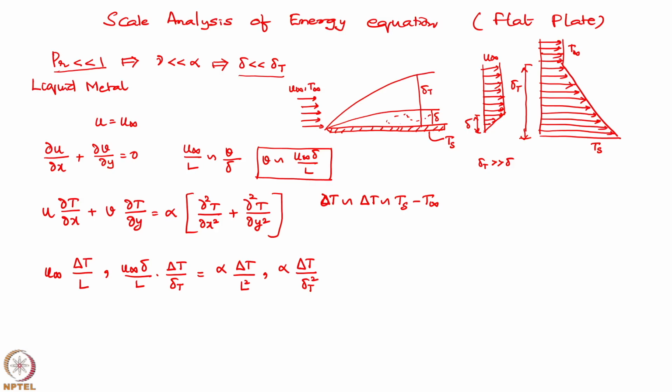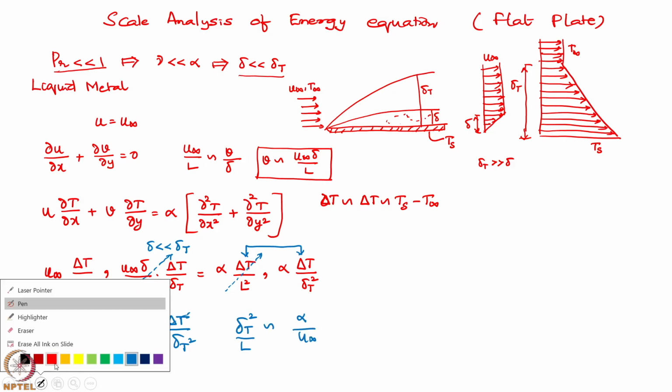As you can see, this term can be neglected because delta is very much smaller than delta T, and out of these two, delta T by L squared is smaller than delta T by delta T squared. So if you neglect these two, you get u infinity delta T by L is of the order of alpha delta T by delta T squared. So this will get cancelled out with this, and you get delta T squared is of the order of alpha L by u infinity.